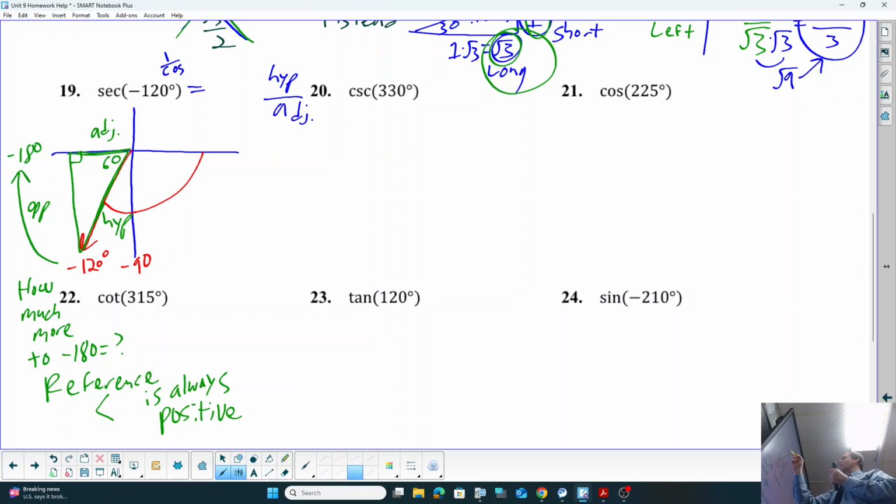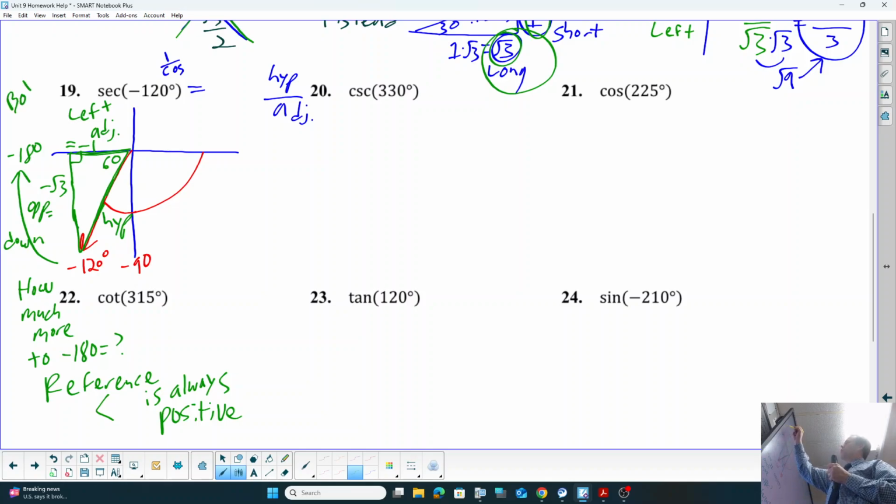And so this will be radical 3. However, we are going left, so it will be a negative radical 3. And then the adjacent, which is the short side, will be 1, but it's negative 1, so we're going left, which is negative, and then we're going down.